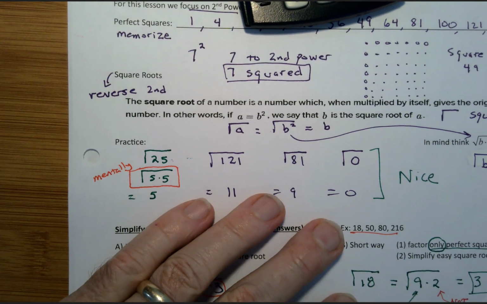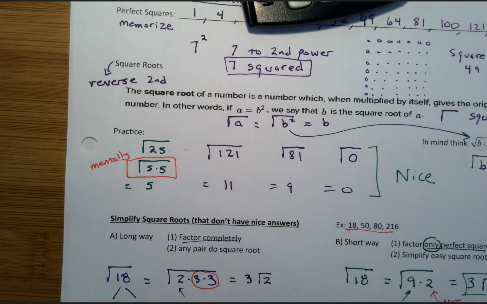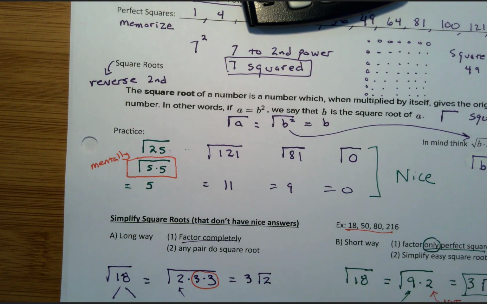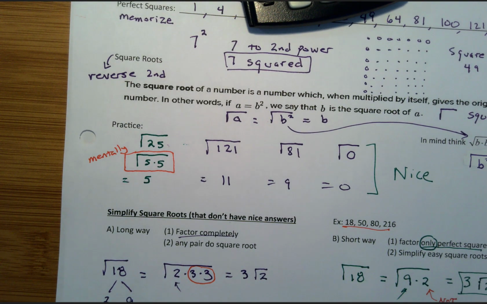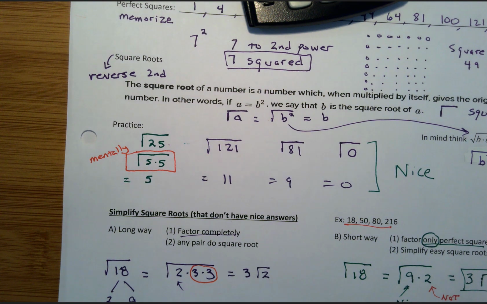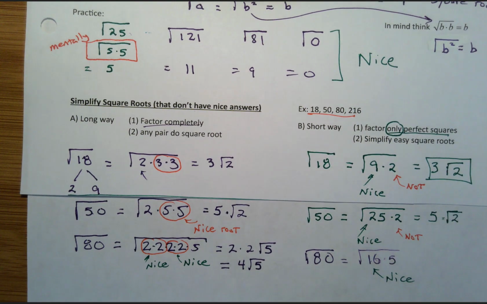So we're going to have the square root of 16 times 5. And we like this because, oops, this is the wrong color, it's supposed to be green. Square root of 80 is square root of 16 times 5, and the square root of 16 has a nice square root.